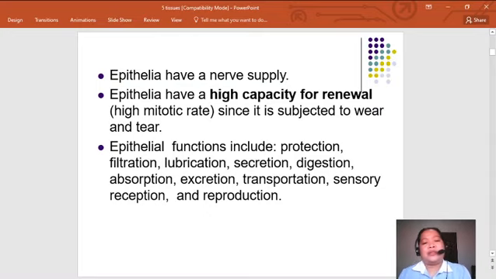Epithelial tissue does not only stick to a certain function like covering or lining, but also performs several functions like filtration, lubrication, secretion, digestion, absorption, excretion, transportation, sensory, and reproduction.